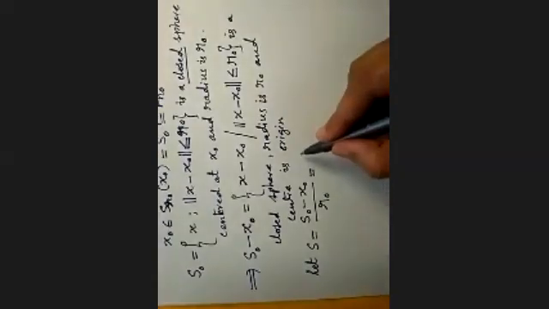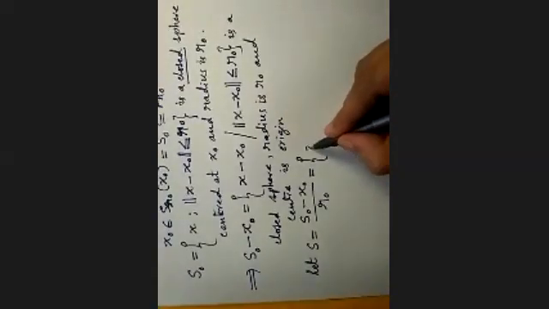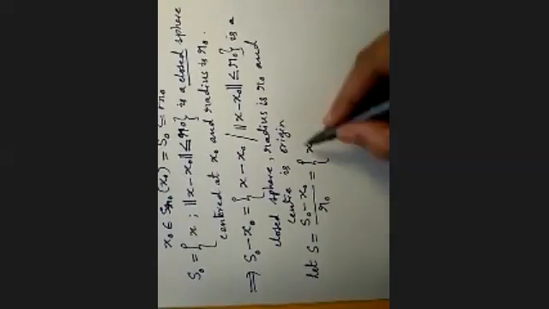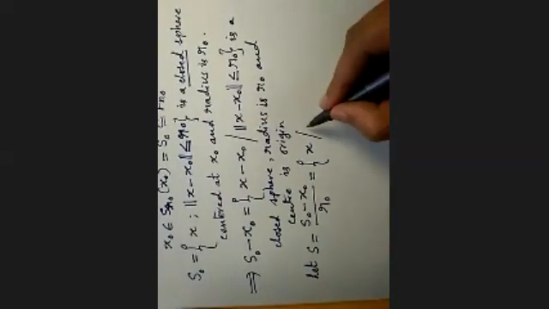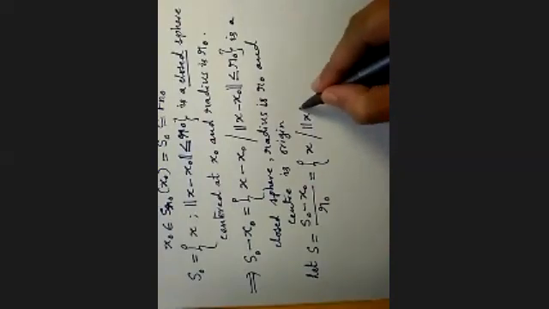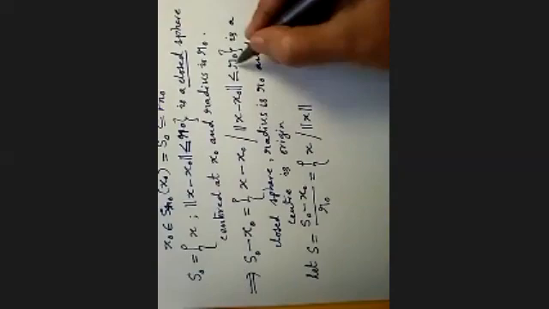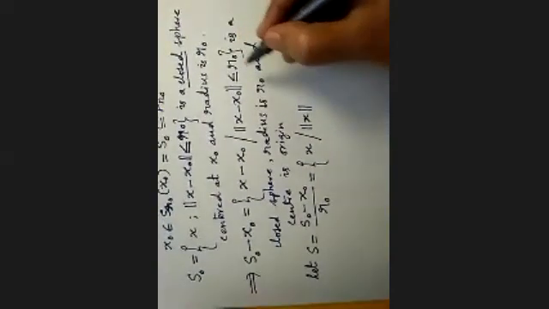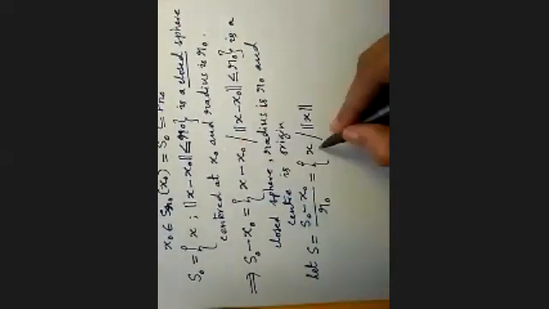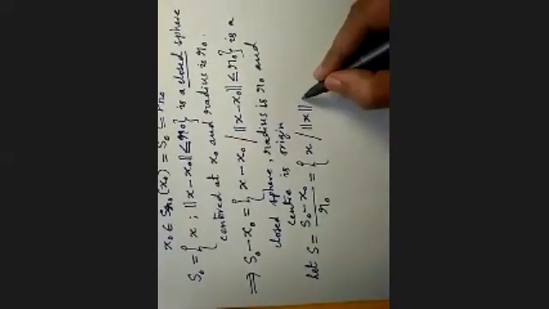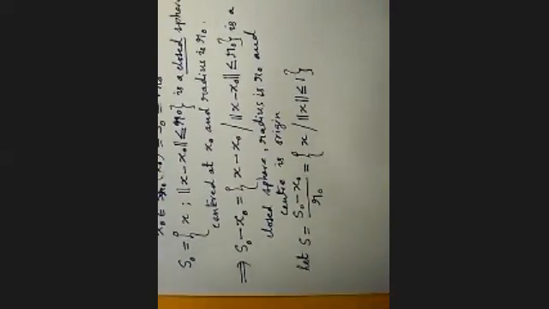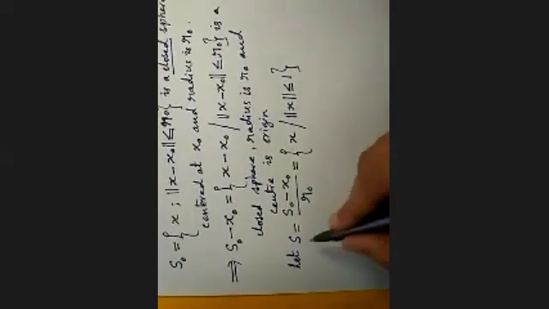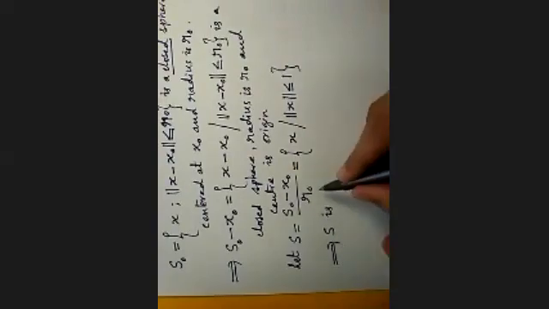This is nothing but all the elements such that norm x, dividing by r naught here is 1, it becomes, and we're just calling it as x, so norm x is less than or equal to 1. So what is this S now? Is it a closed sphere?